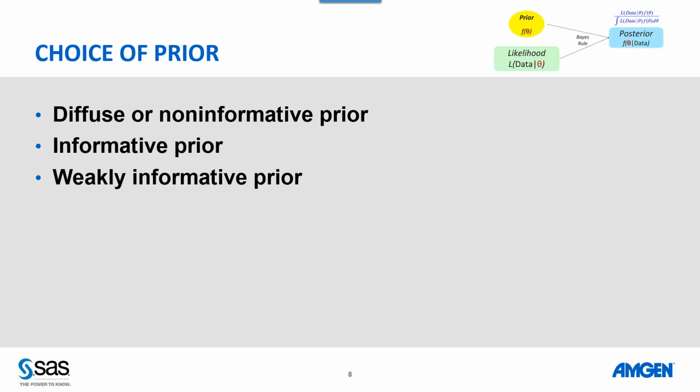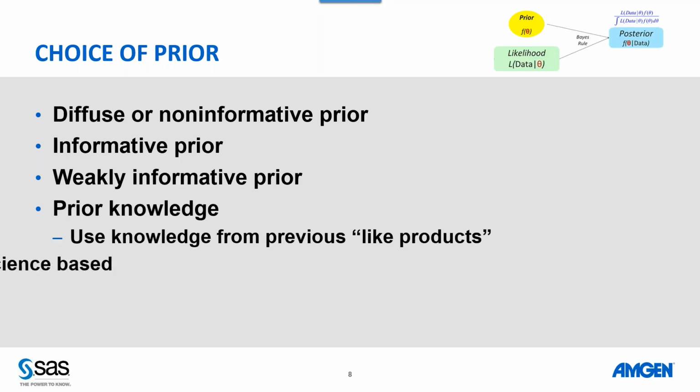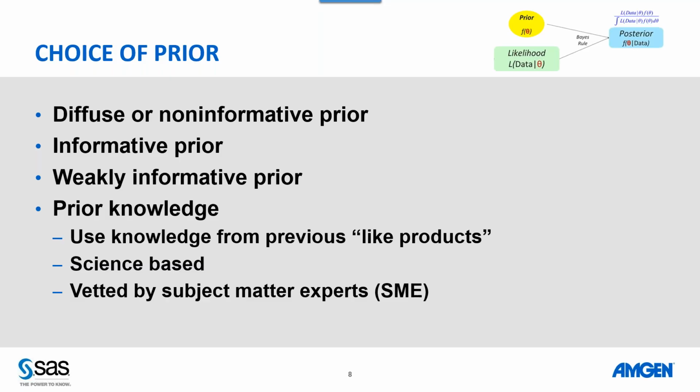But for me, the weakly informative prior is not that appealing, especially in our industry, because we do have good information, good prior knowledge that can be used and that can be defended. That's what I just want to add.